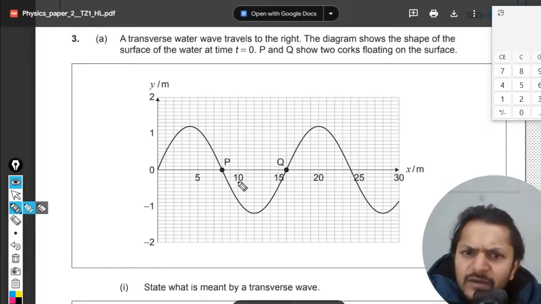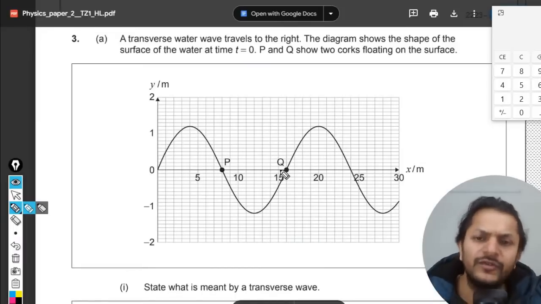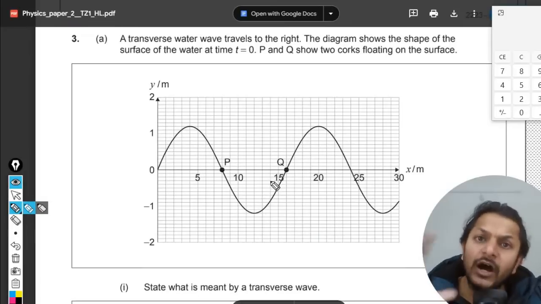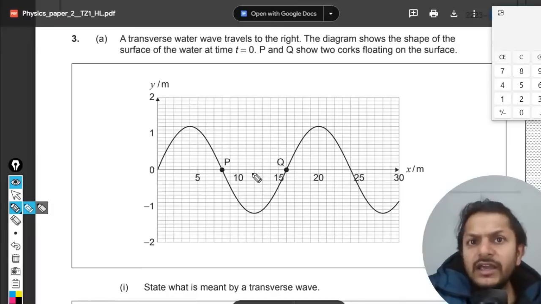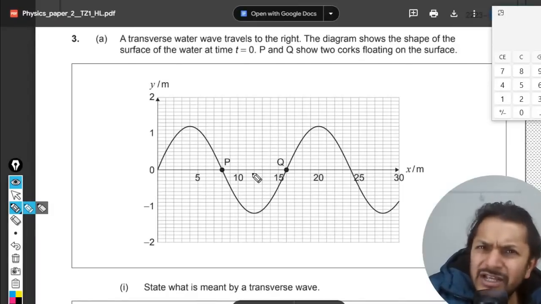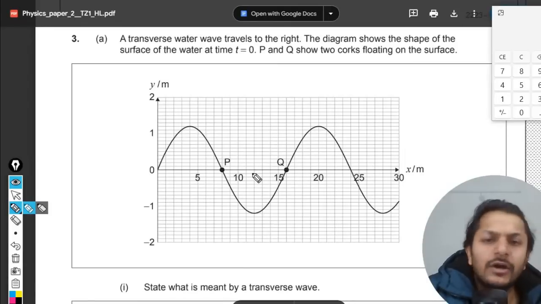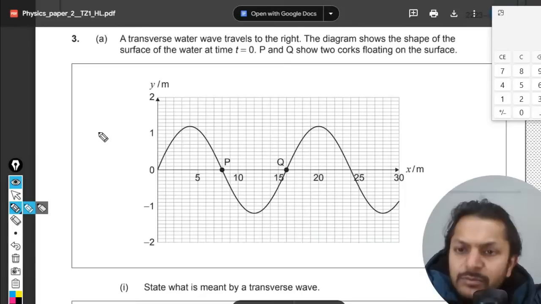So clearly, whenever you're talking about 2 points like P and Q, we know that the phase difference will be pi, but we have to prove it somehow. How are we going to do it? There is a formula for this. That formula is kind of hidden, I would say, like nobody is talking about that generally, and it is not even present in the data booklet, not even in the books properly.